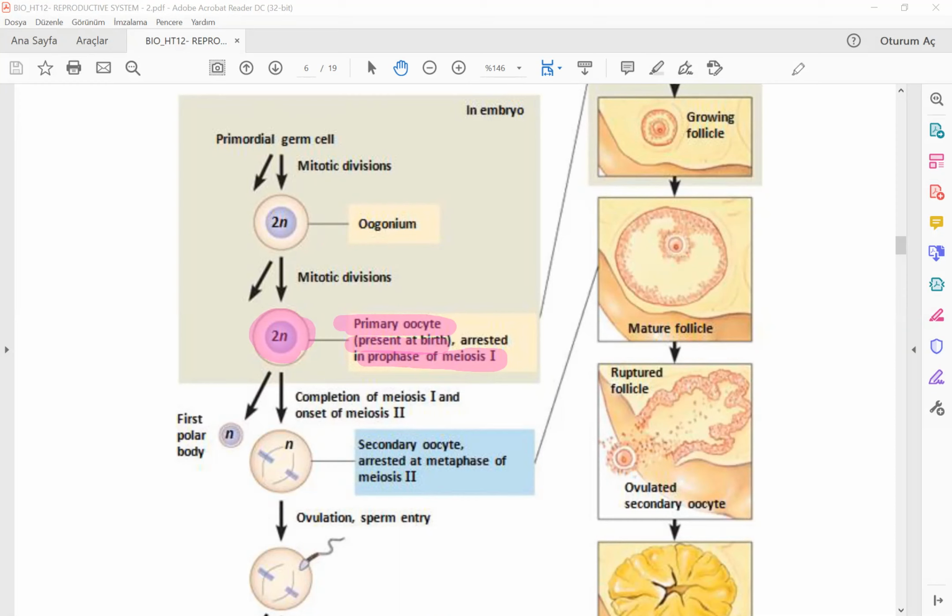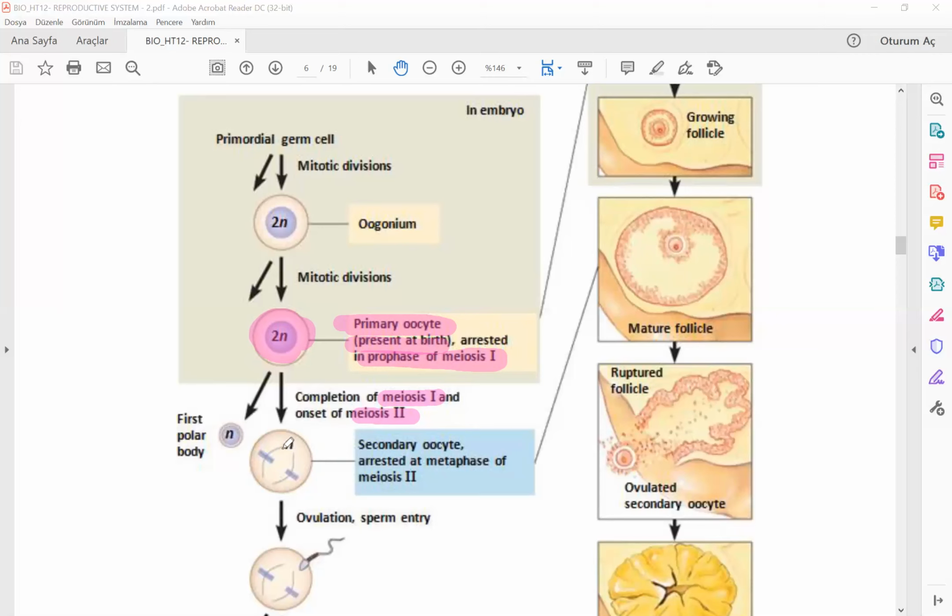With the help of FSH and LH hormones, these follicles start to grow, and maturation of this follicle occurs during puberty. And this primary oocyte finishes meiosis 1 and starts meiosis 2, and the cytokinesis, the cytoplasmic division of this meiosis 1, is not equal.